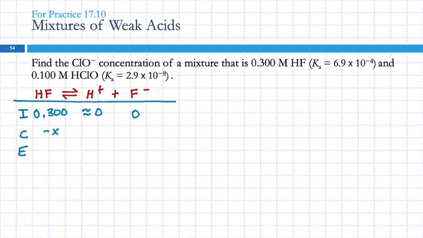So then my changes in terms of x's, and so I've got 0.300 minus x, I have x, and I have x.